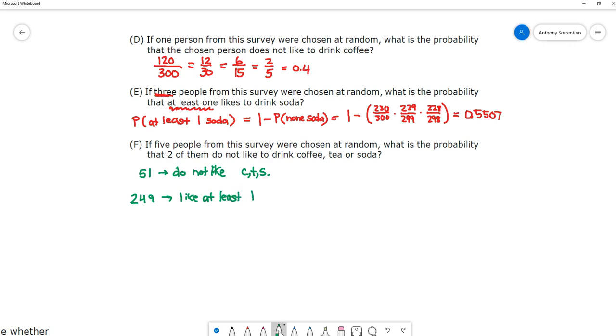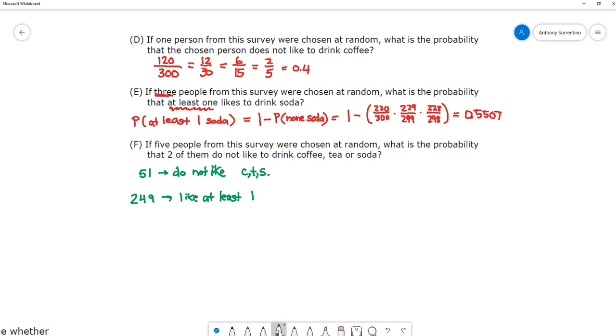So if they like at least one, they don't fall in the other group. Basically what I'm trying to do is figure out a way of making this into 2 distinct categories. There's only really 2 here: those who don't like any of these, and those that like at least one or more of these things.